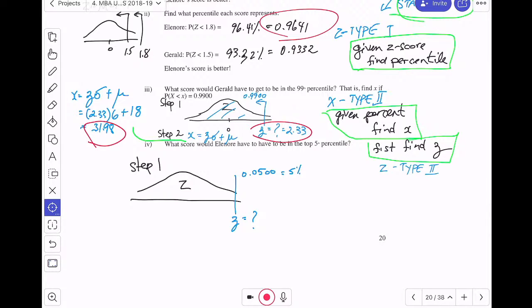And I need to go into the table. If I went and looked this up, that would not be the right approach because the table gives area to the left. So to look in the table, I need the area to the left. It gives percentiles, which is area to the left.